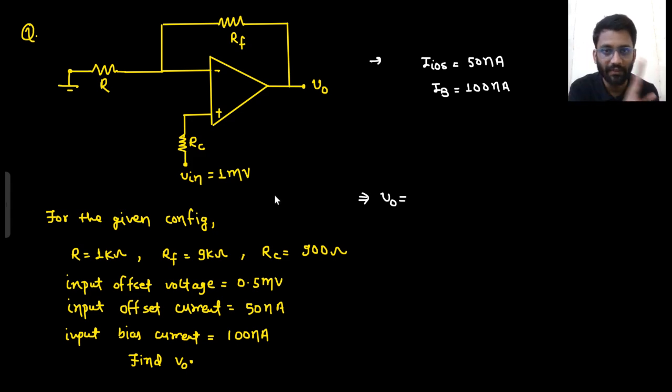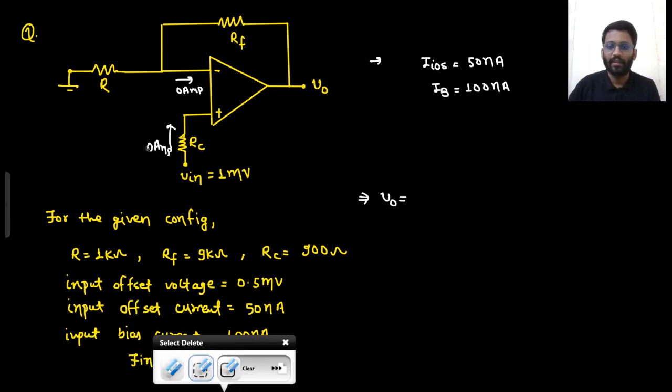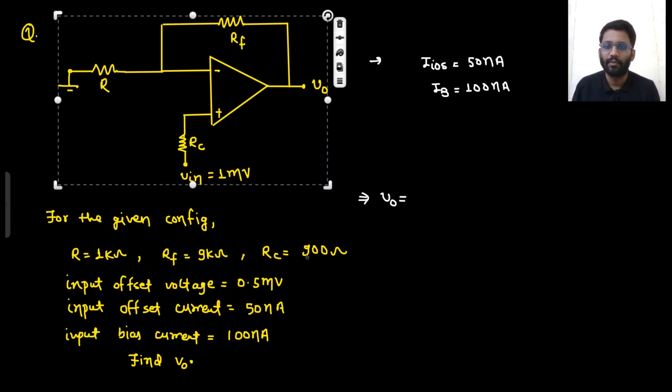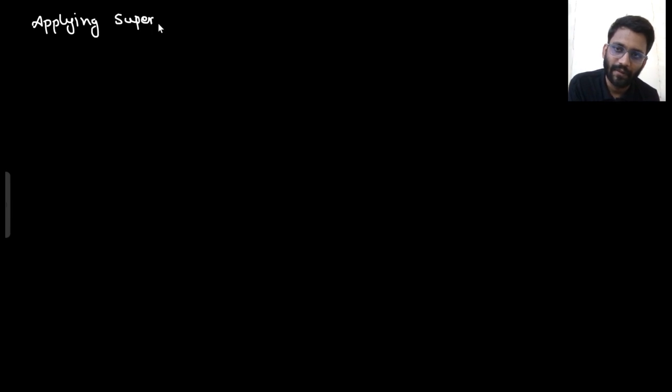There is no bias current. If there is no bias current, that means I am taking these currents to be 0 ampere. No bias current, nothing else I am considering. I am considering the ideal case, right? To help you understand better, I would solve all the conditions one by one. So let's copy this particular circuit, applying superposition.